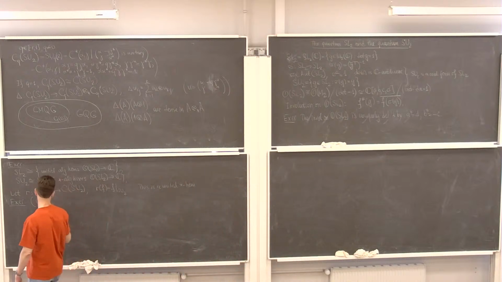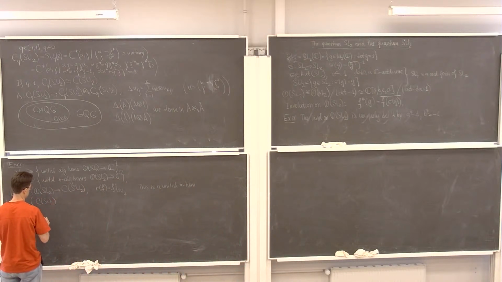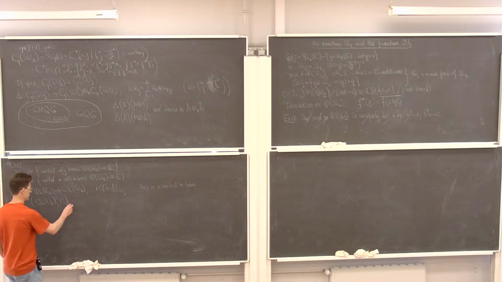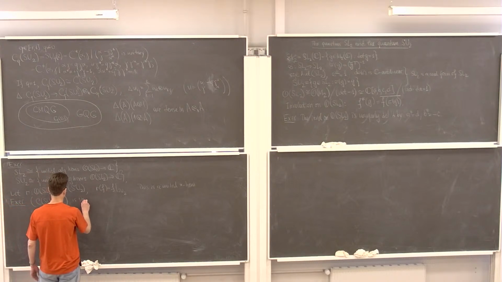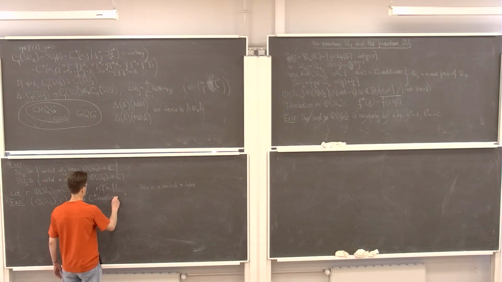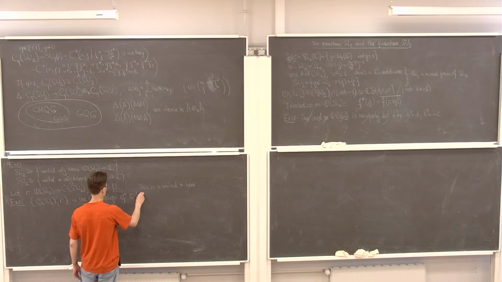And I claim that the algebra of continuous functions on SU2, together with this homomorphism, is nothing but the C-star envelope of the algebra of regular functions on SL2.